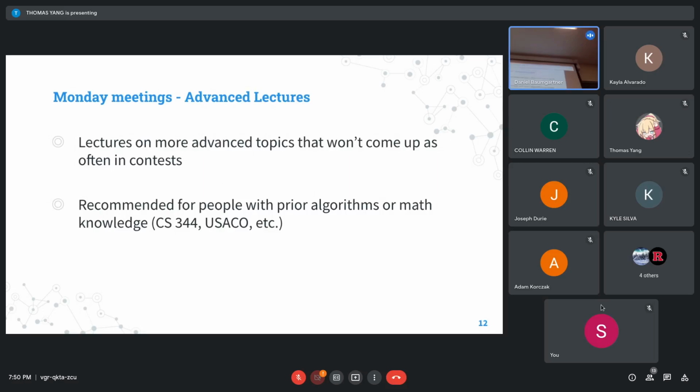If you've done competitive programming in high school, there is the USA Computing Olympiad or USACO. If you've done that and have, say, gotten to the silver or gold division, then advanced lectures are probably appropriate. Of course, in the beginning, you can also just go to both and see whichever one feels more appropriate. That's the advanced lectures.